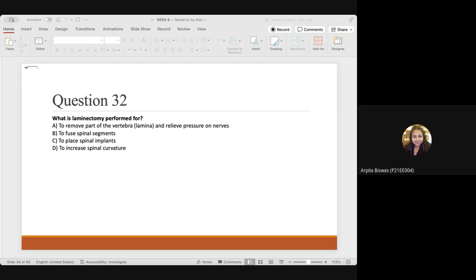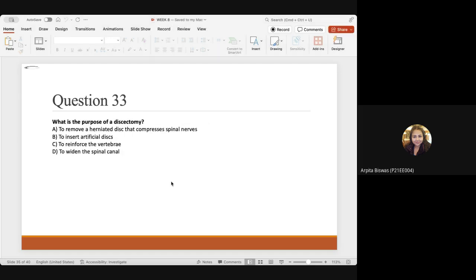Next we move to question number 33. What is the purpose of the discectomy? First option, to remove the herniated disc that compresses spinal nerves. Option B, to insert the artificial disc. Option C, to reinforce the vertebrae. And option D, to widen the spinal canal. So what is the right option here?